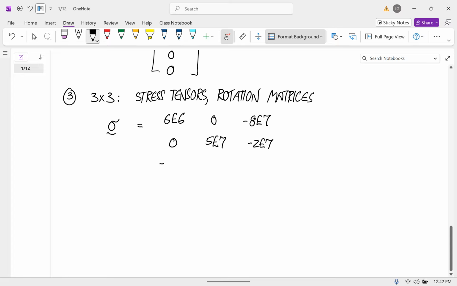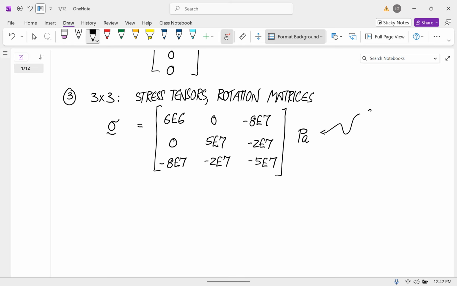Then the last row is negative 8 times 10 to the 7, negative 2 times 10 to the 7, and negative 5 times 10 to the 7. And this has units of pascals. And this is a stress tensor.